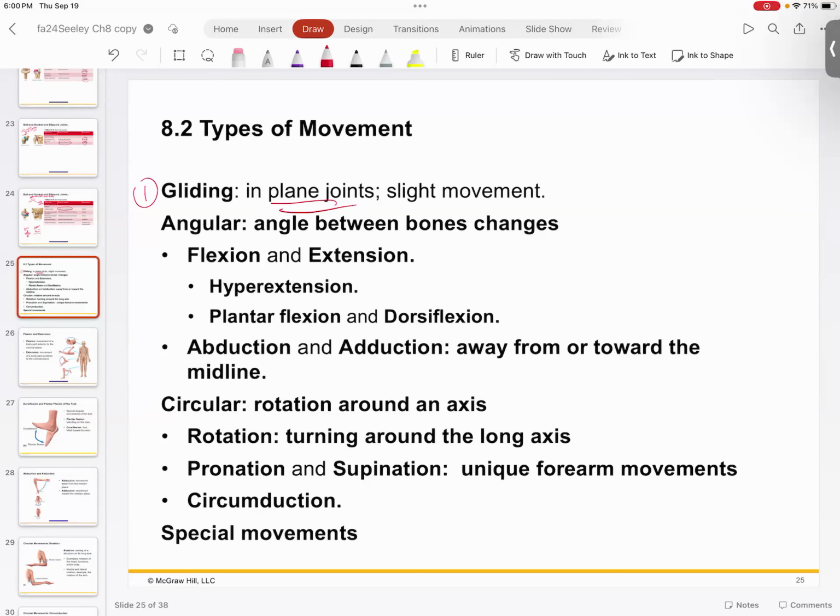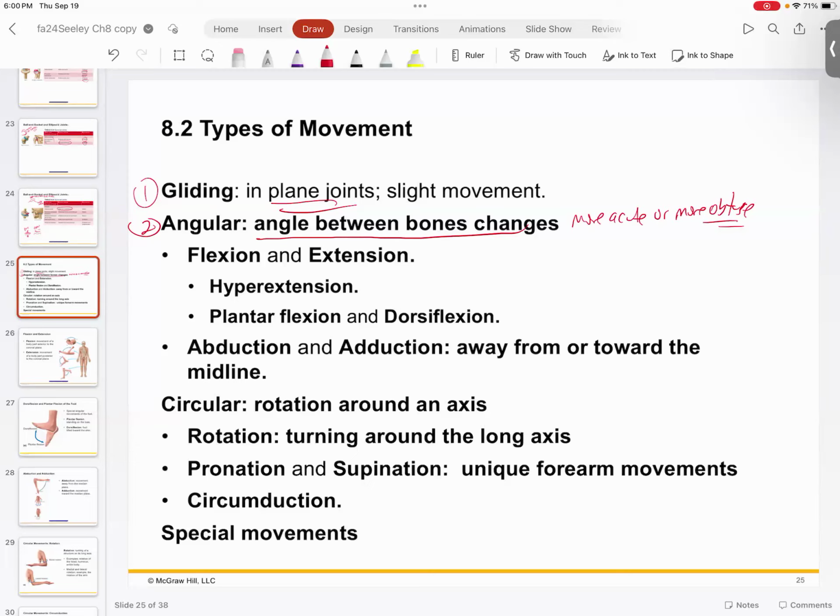And then there are angular movements. This is where the angle between the bones changes, either more acute or more obtuse. So the angle either increases or decreases. And they typically come in pairs.